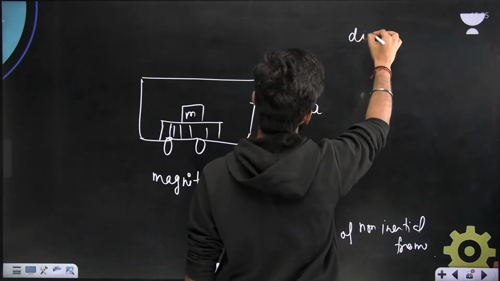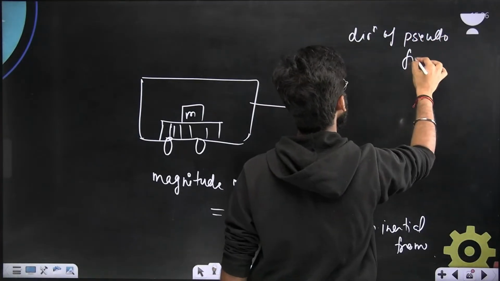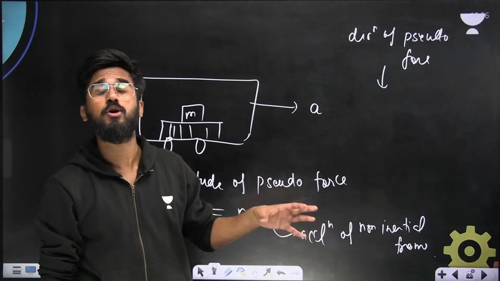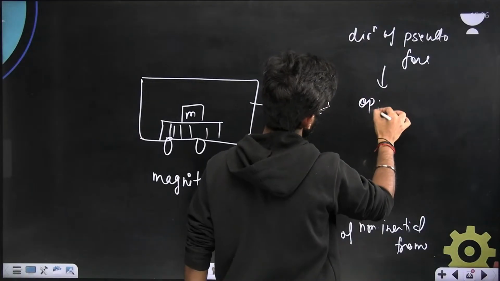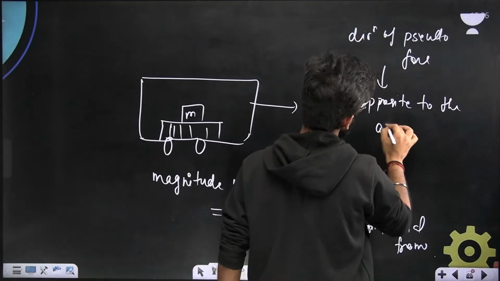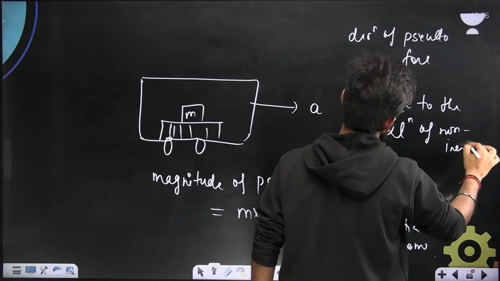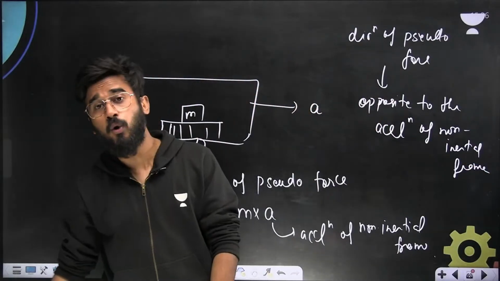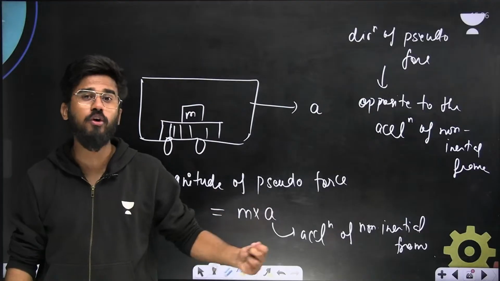The direction of the pseudo force is opposite to the acceleration of the non-inertial frame. So just keep it in mind, and now I'll show you some examples with which you can understand the pseudo force very clearly.